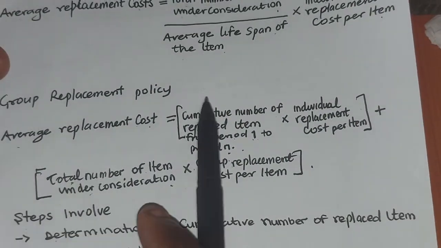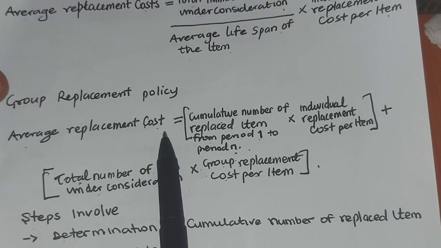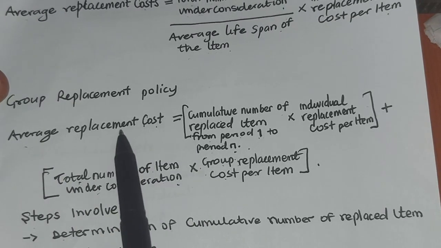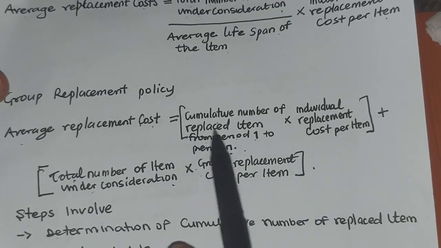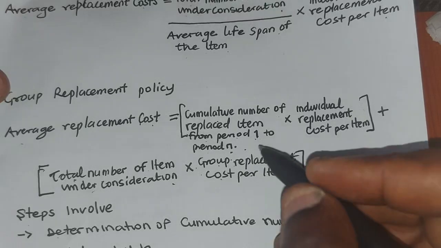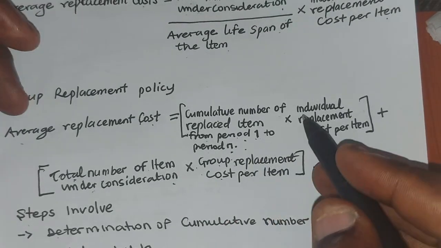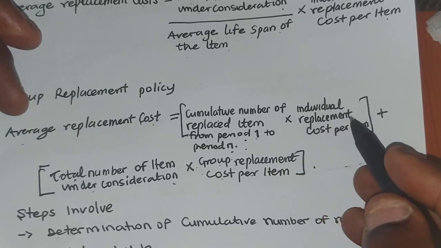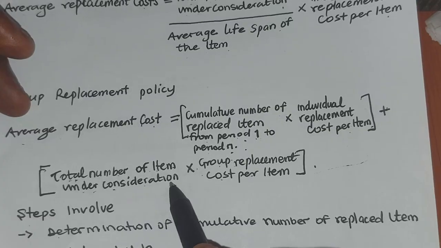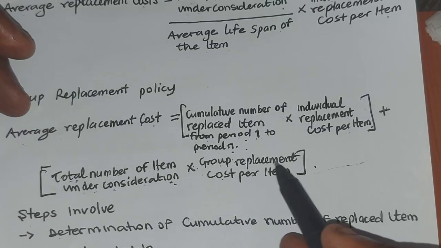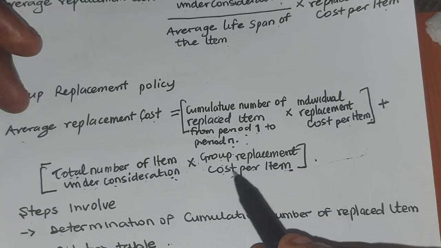But for group replacement, please write it down. The average replacement cost will be the cumulative number of replaced items from period 1 to the end period, multiplied by the individual replacement cost per item, plus the total number of items under consideration multiplied by the group replacement cost per item.